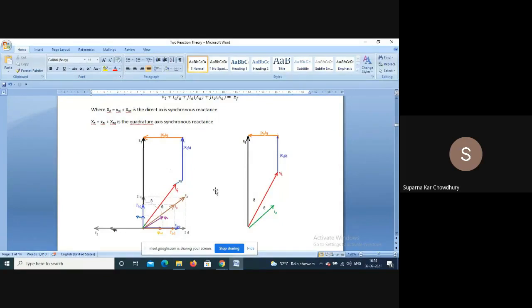But what is not known is the angle delta, the load angle between Vt and Ef. And unless delta is known, we do not know the position of the direct axis and quadrature axis with respect to Vt. So unless we know the direct axis and quadrature axis, we cannot determine Id and Iq. So we cannot draw the phasor directly.